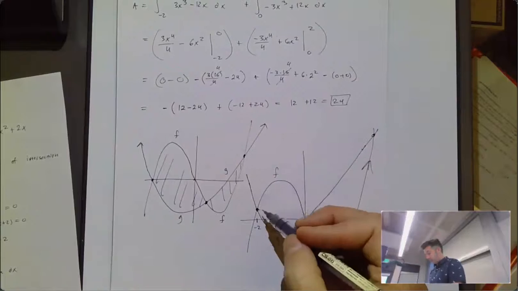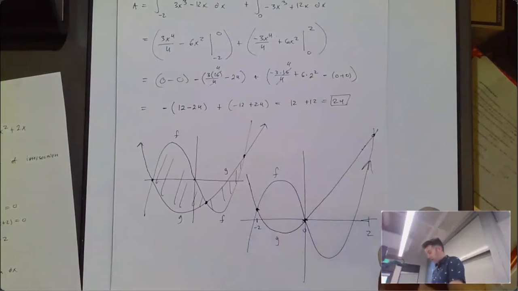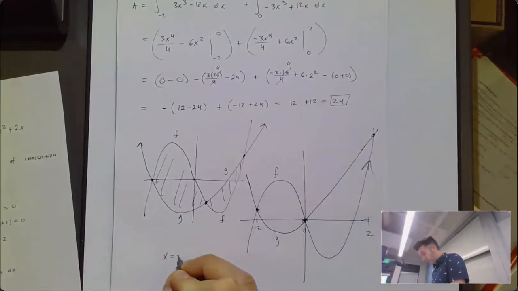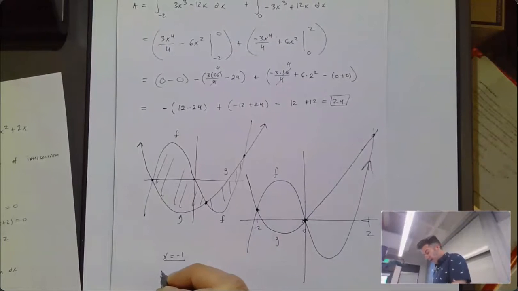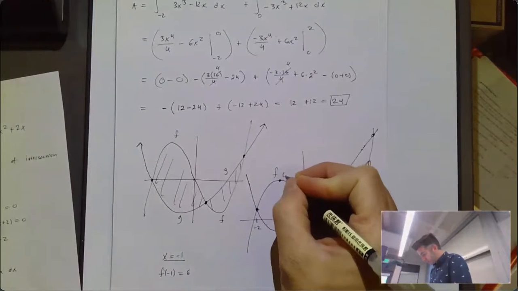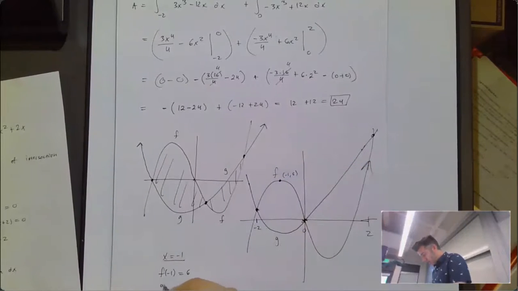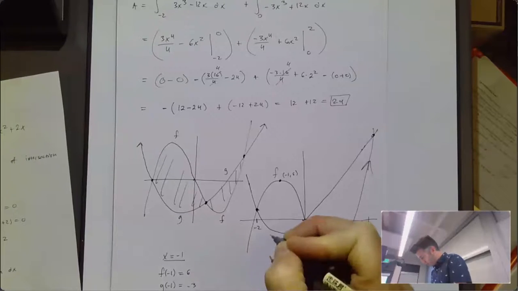So I pick a number between -2 and 0. I'm going to pick -1. When I pick x equal to -1, I get f of -1 equal to +6 and g of -1 equal to -3.